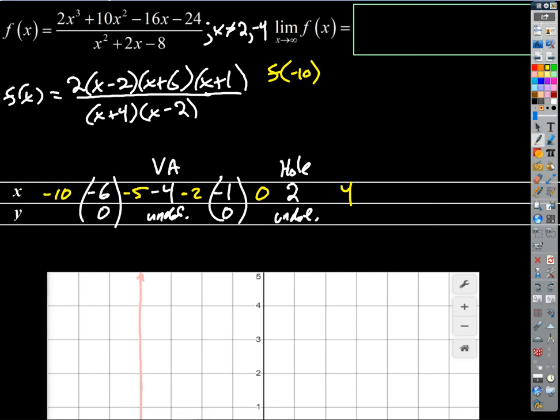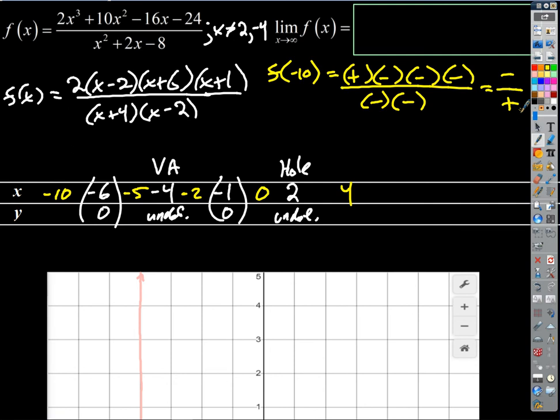Okay, so at f of negative 10, what are we going to get? Let's look at our signs. At negative 10, I get negative times negative times negative, divided by negative times negative. On the top I get negative, on the bottom I get positive, so the overall sign is negative.